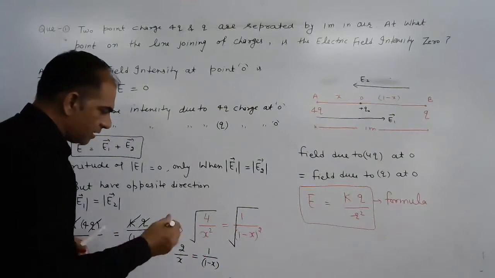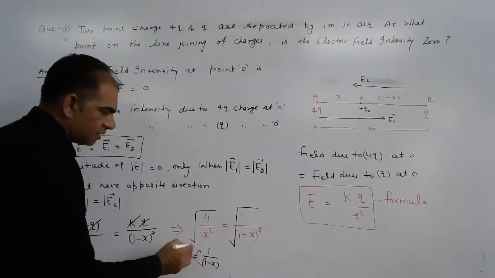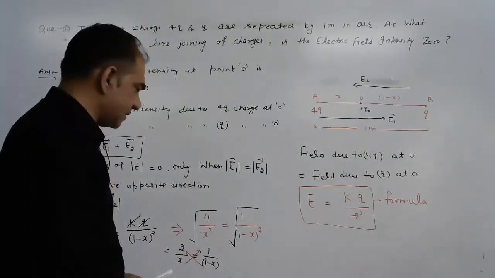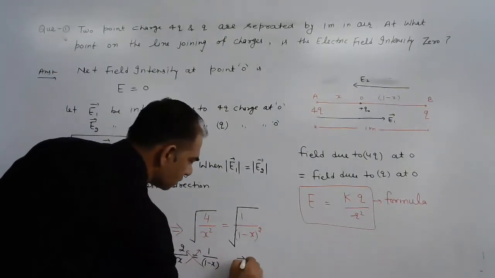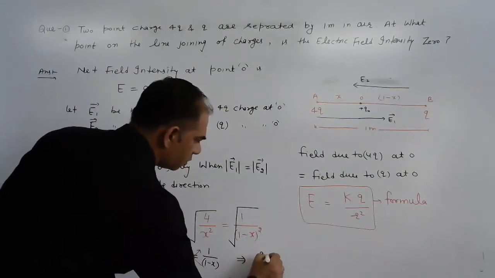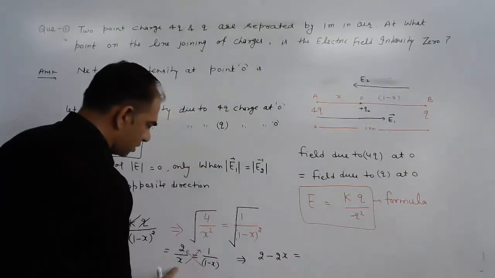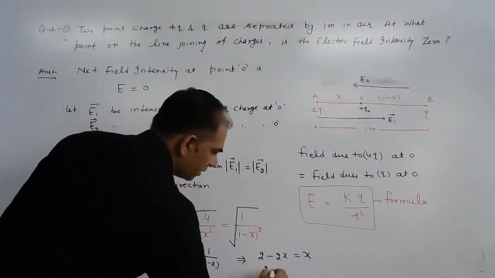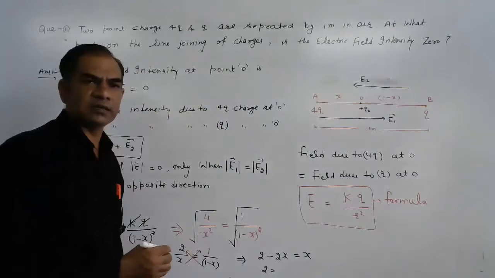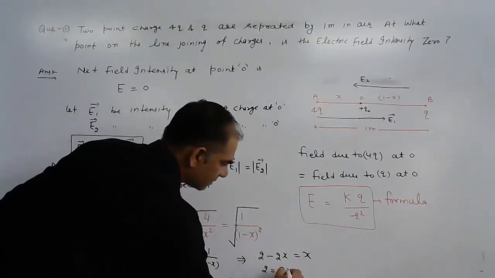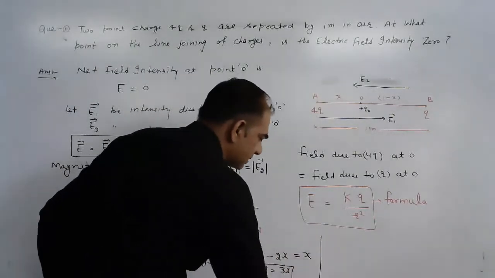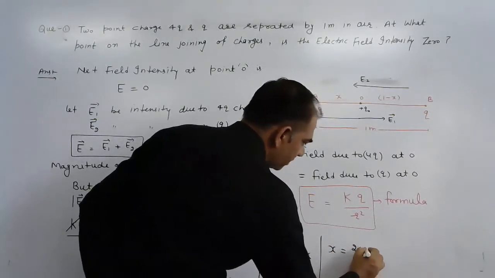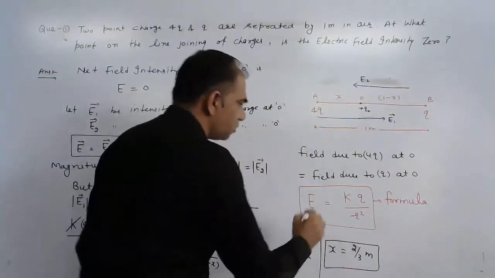Cross multiply, and finally we get 2 multiplied by (1 minus x) is equal to x multiplied by 1. So 2 minus 2x is equal to x, then 2x goes to the other side, 2 is equal to 3x, and we find the value of x is 2 by 3 meter.